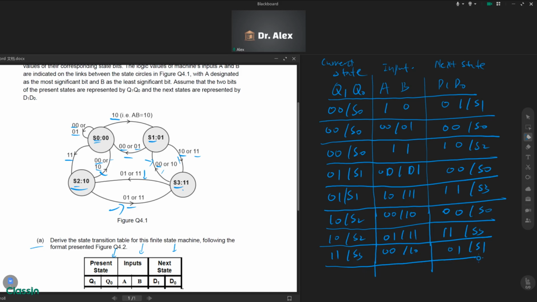And the next and the final one is the original state S3, and when the input is 0 1 or 1 1, it will go to state 2, which is 1 0, state 2.